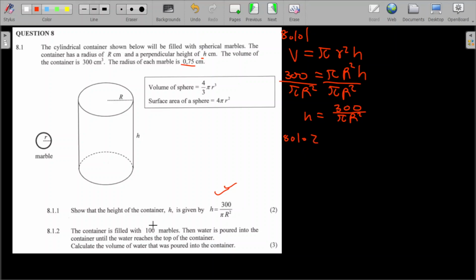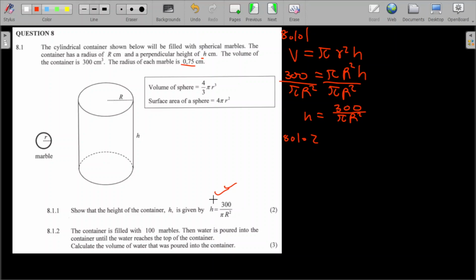Now in 8.1.2, they're saying the container is now filled with 100 marbles. Then water is poured into the container, with the water reaching the top of the container. Now let's calculate the volume of the water that was poured into the container.